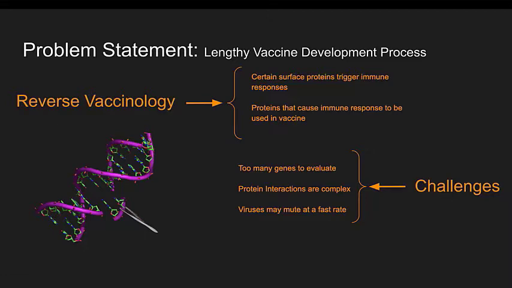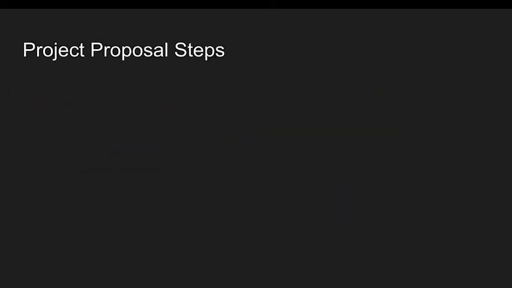The challenges include that we have to deal with too many genes on the virus. Protein-to-protein interaction can be quite complex, and viruses may mutate too fast, and by the time the vaccine is created, it may not be viable anymore.